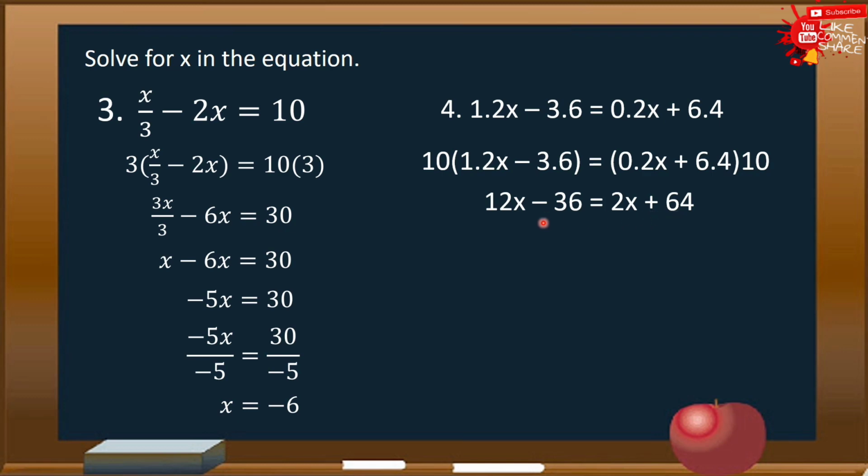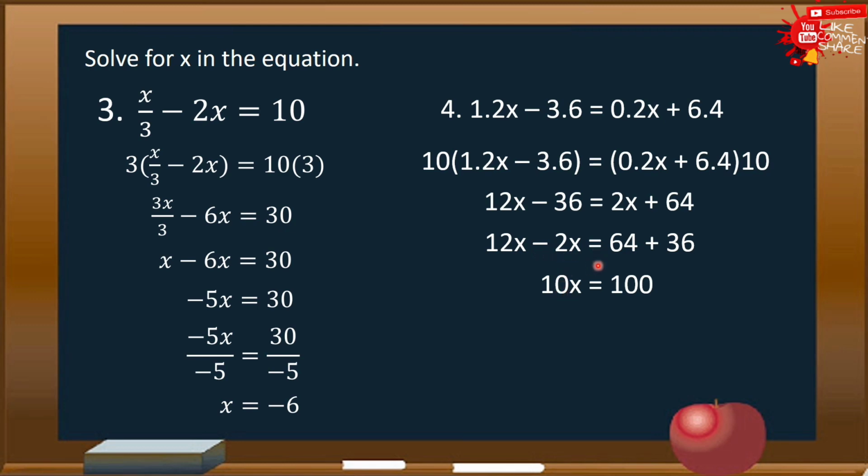So, if you notice, pagsasamahin na naman natin yung may variable sa left side at yung constant sa right side. So, ang mangyayari, meron tayong 12x, then positive 2x will become negative 2x. Then, we just copy 64, then negative 36 will become positive 36. Then combine similar terms. So what is 12x minus 2x? So we have 10x.